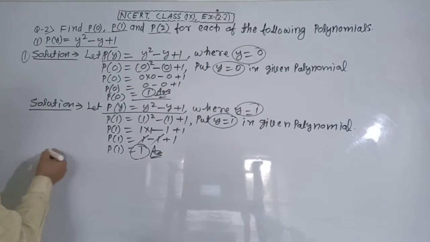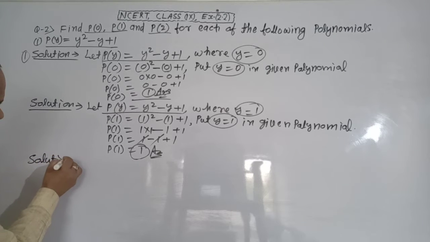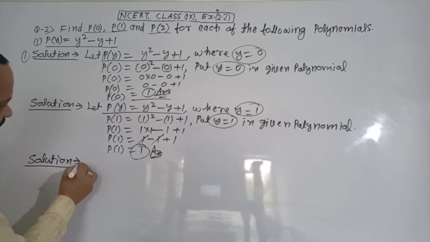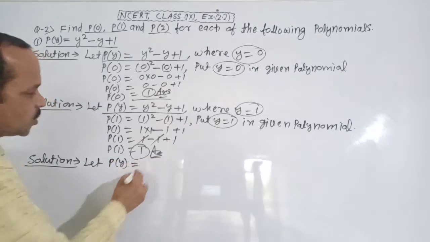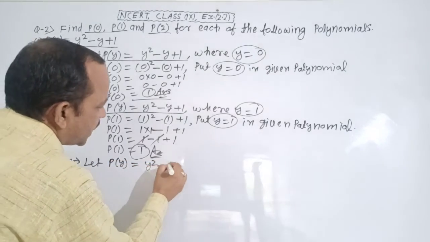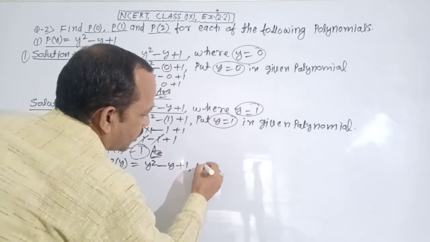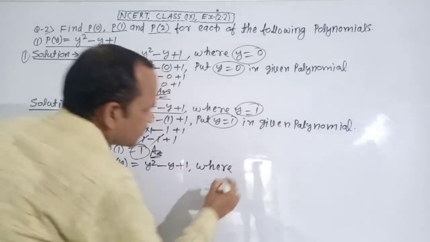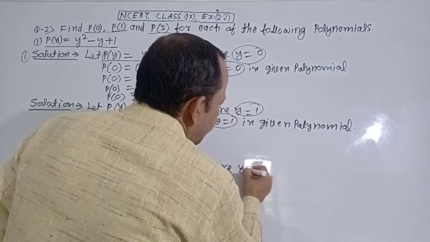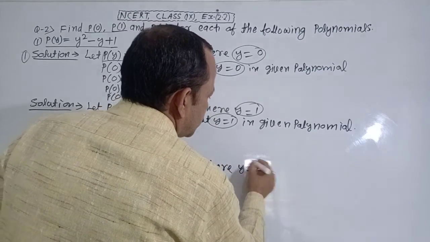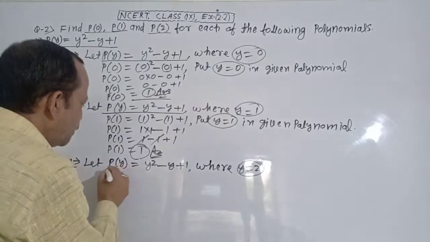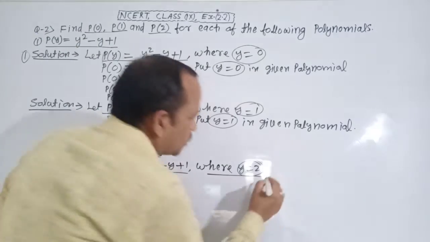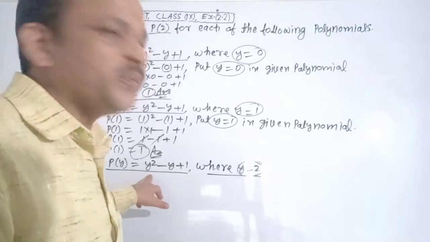Next step. Let P(y) equal y square minus y plus 1, where y equal to 2. Here you put y equal to 2 in the given polynomial.